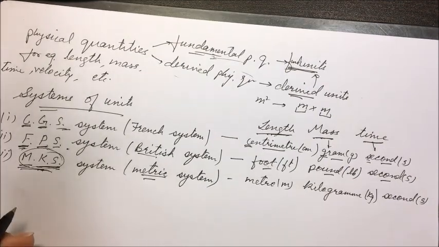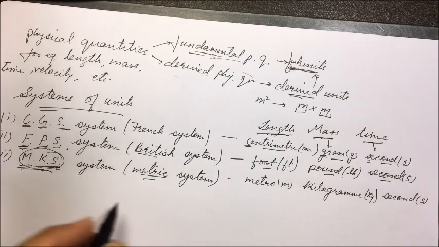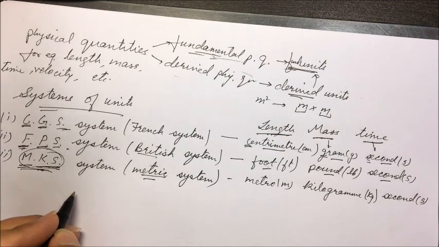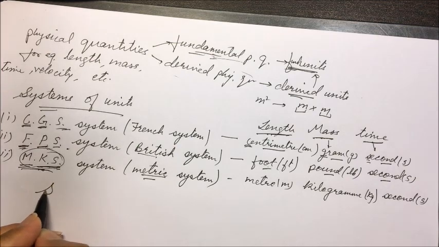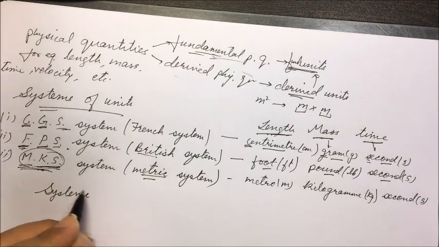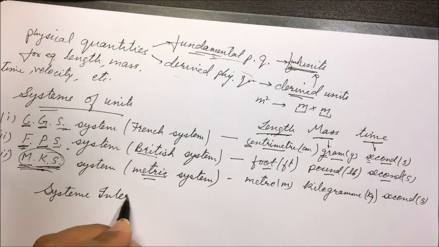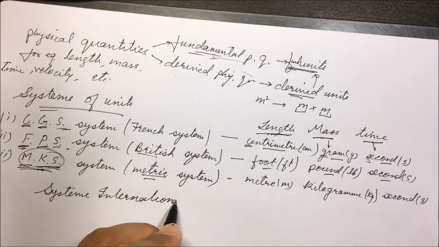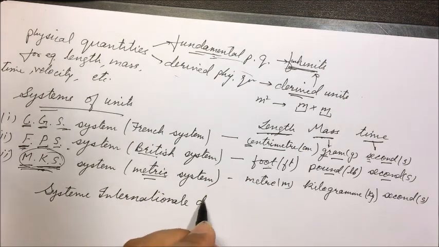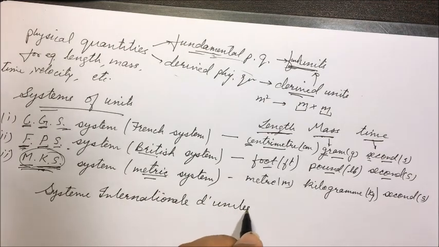As the world got more connected, there arose a need for a new system which could be internationally adopted. This led to the birth of a new system called Système Internationale d'Unités, or we simply call it the SI system.